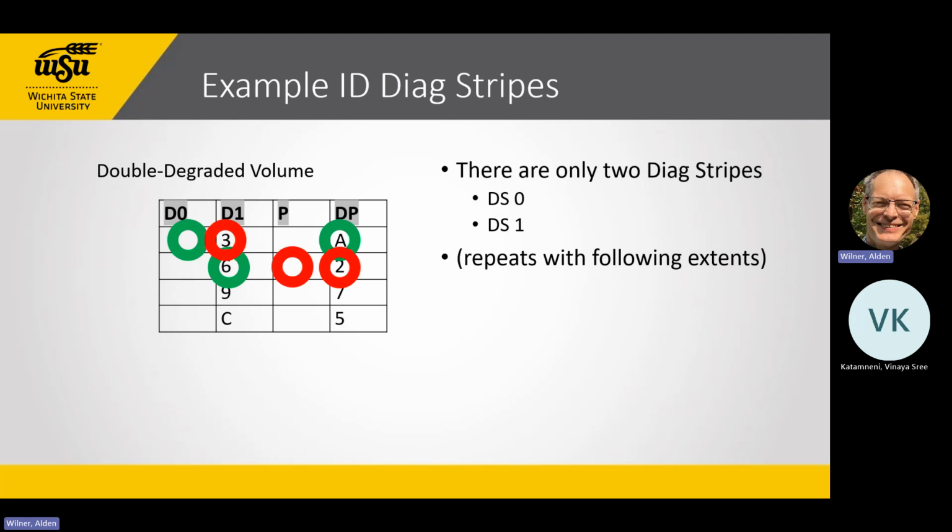It's extent 0, block 0, extent 0, block 1, extent 1, block 0, extent 1, block 1, and so forth. So it just keeps repeating. If we have 10 drives, it would be extent 0, block 0 through 9, and that would repeat, extent 1, and so on and so forth.